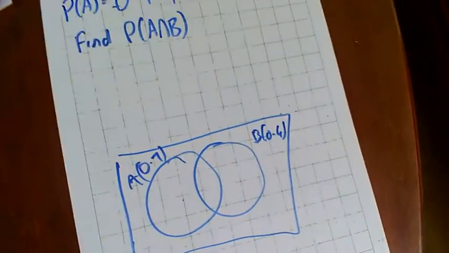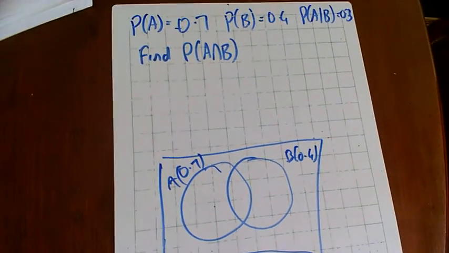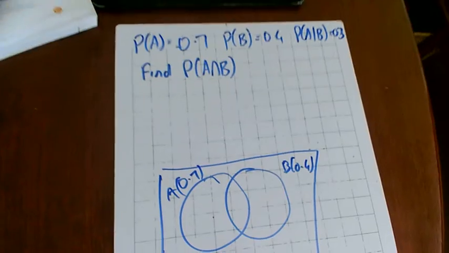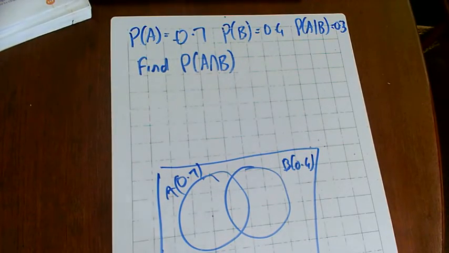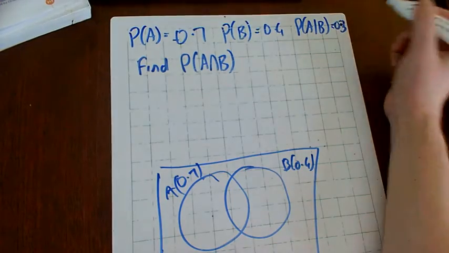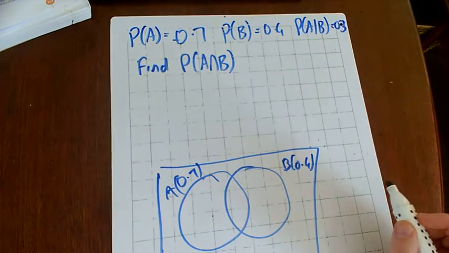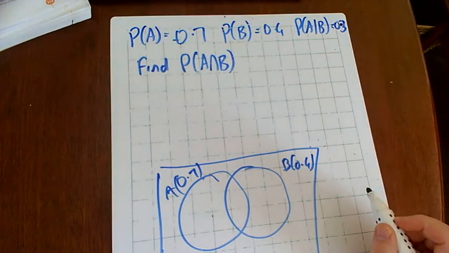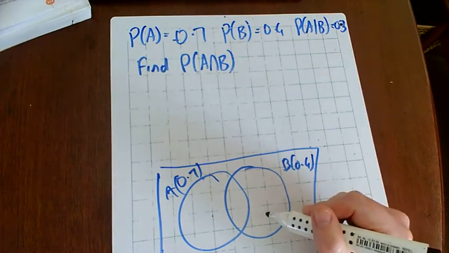So it's example 4. It says the probability of A is 0.7, the probability of B is 0.4, and the probability of A given B is 0.3. Find the probability of A intersection B, and then fill out the Venn diagram.